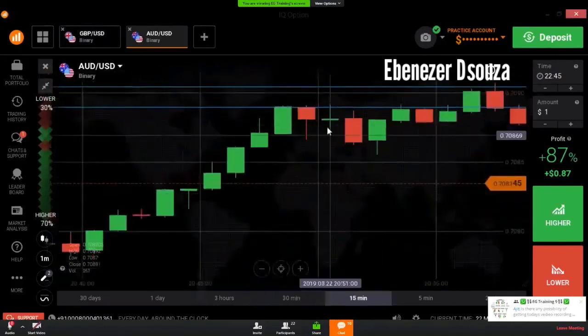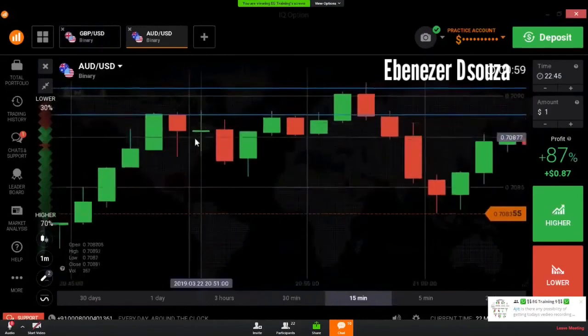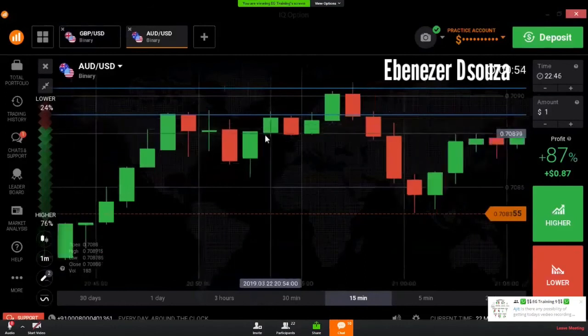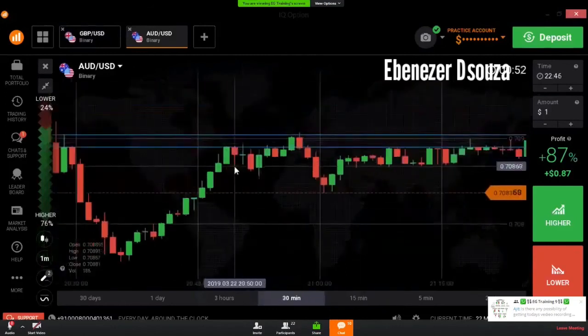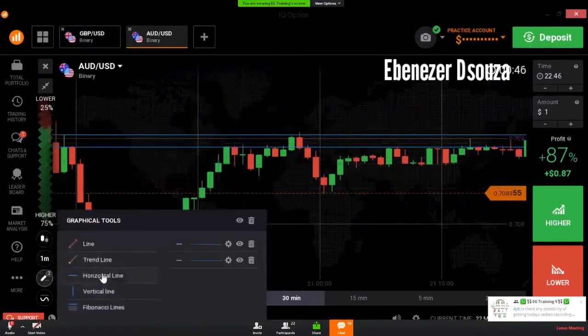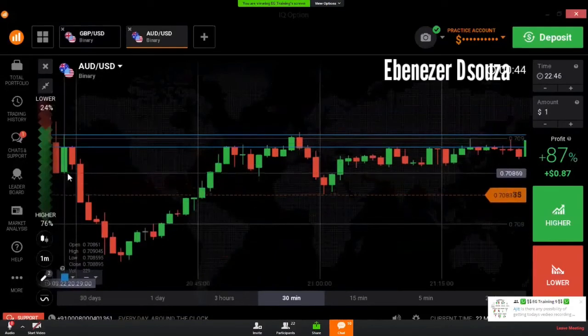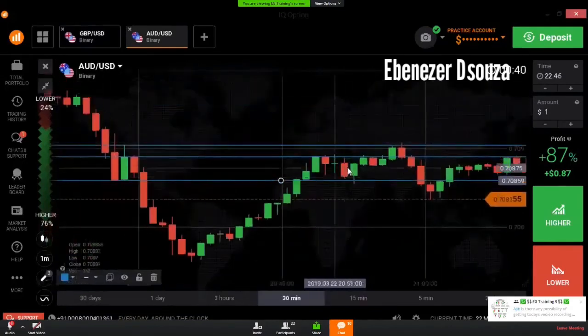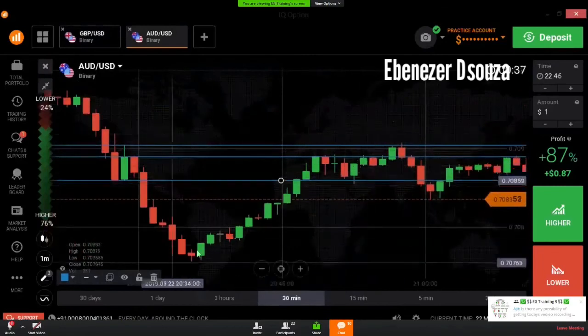Again buyer center, but a weak buyer center, again seller center, again buyer center from this level. There is a rejection from buyers and there are buyers too. And here also there is a level 2. They choose this level as their entry point in uptrend.